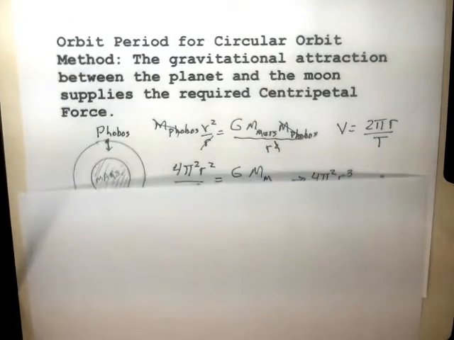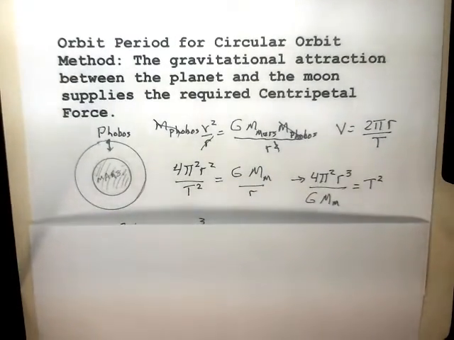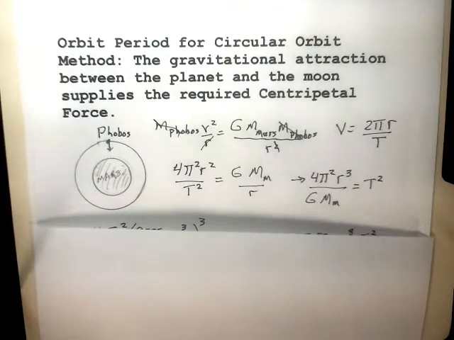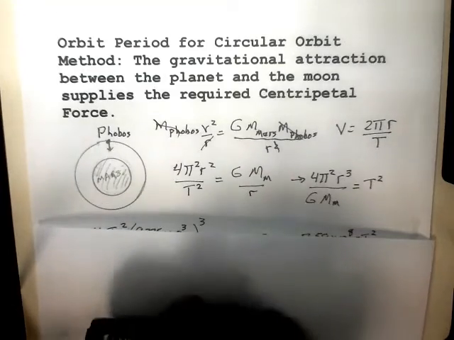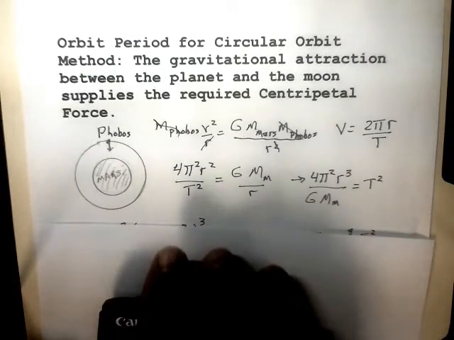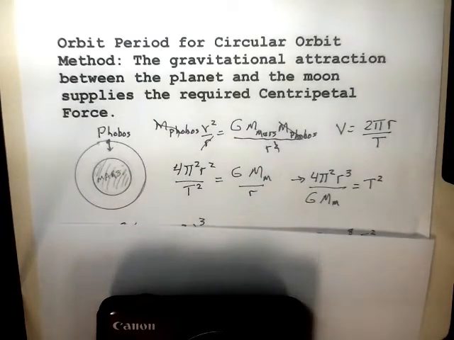So we can make a little picture here with the shaded circle being Mars and the open circle being Phobos. This is not to scale. The size of Mars compared to the size of Phobos is not correct, but I just did it so I can fit it on the paper.